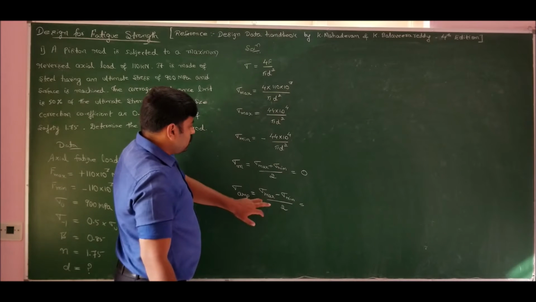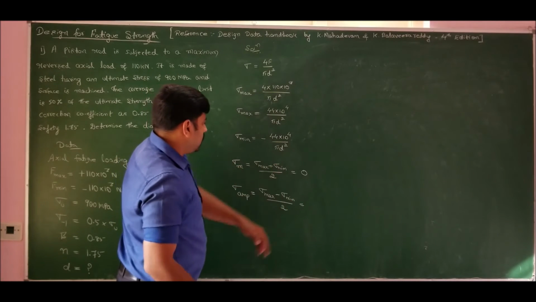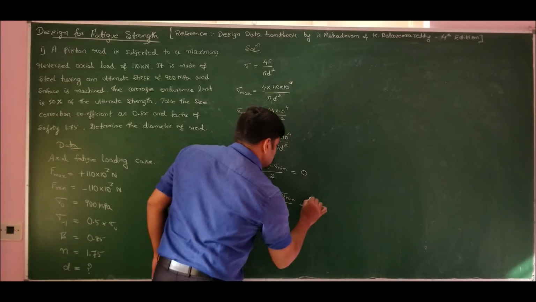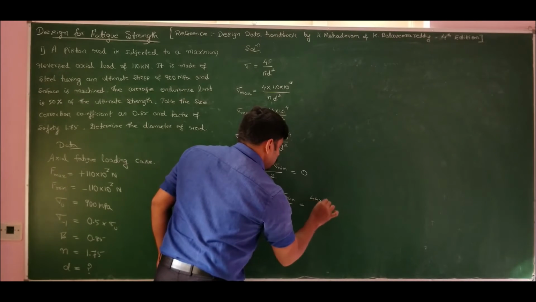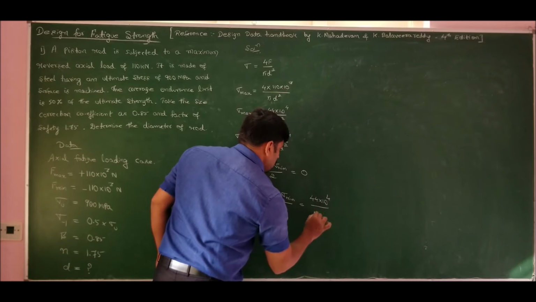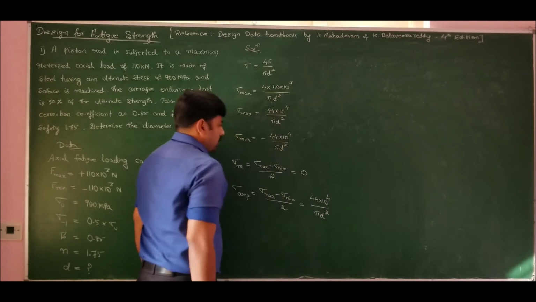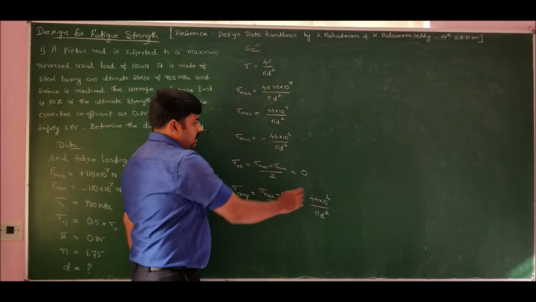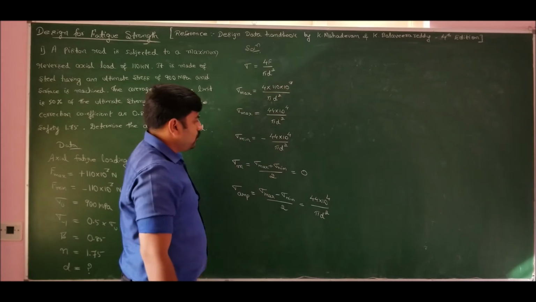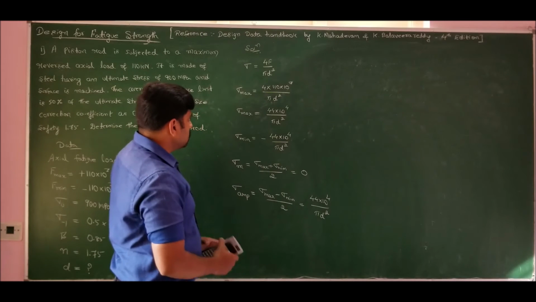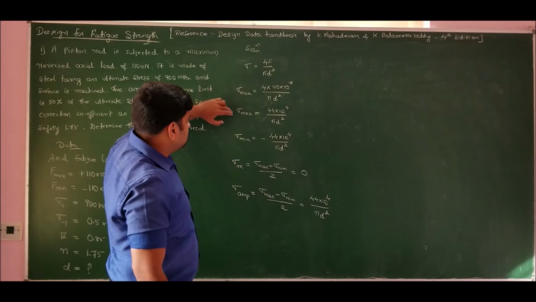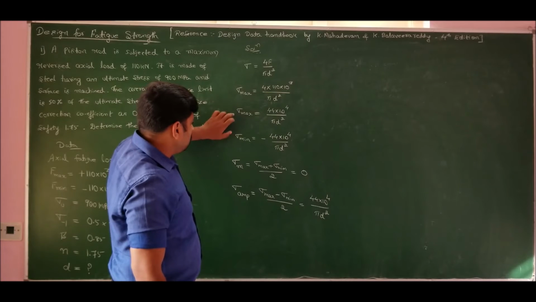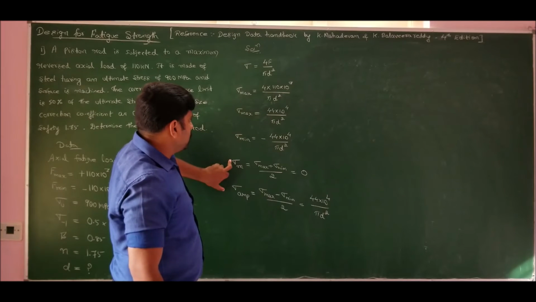So 2 and 2 will get cancelled and the value remains the same, that is 44 into 10 to the power of 4 divided by pi d square. Thereby we have calculated sigma max, sigma minimum, sigma mean and sigma amplitude.